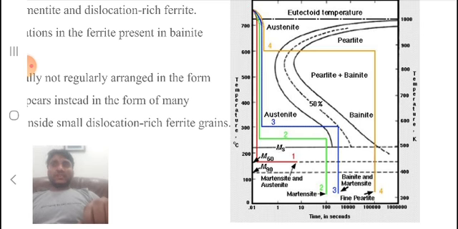So we also discussed the retained austenite in the martensite.